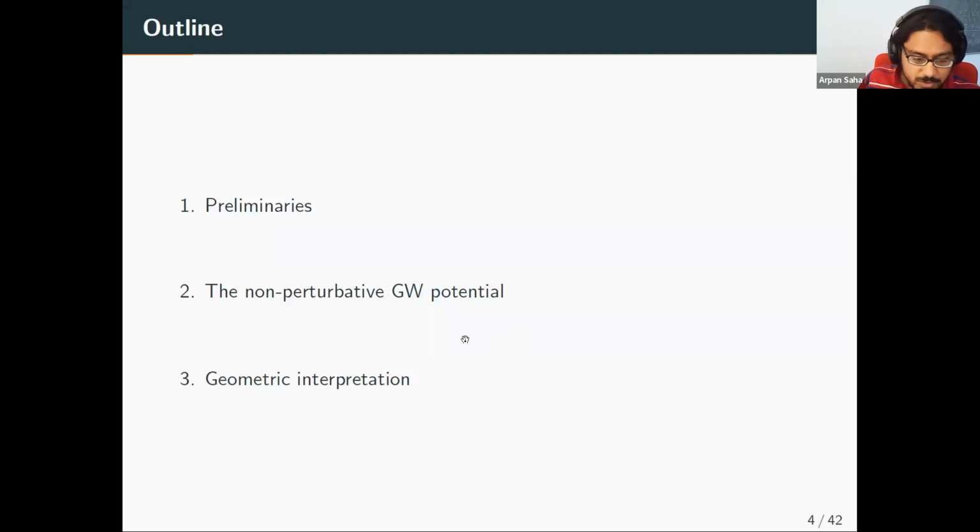Then I'll apply the machinery of resurgence to the generating series of the GW invariants, and then I'll tell you how you can read off the DT invariants from that. And finally, I will discuss how all of this can be interpreted in the context of certain geometric constructions coming from supergravity. So that's the plan, and let's get started.